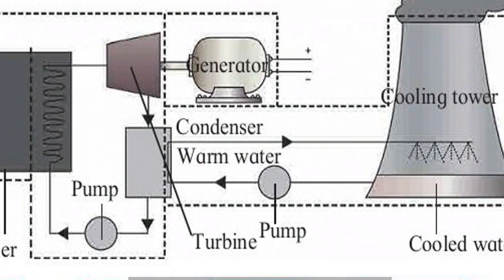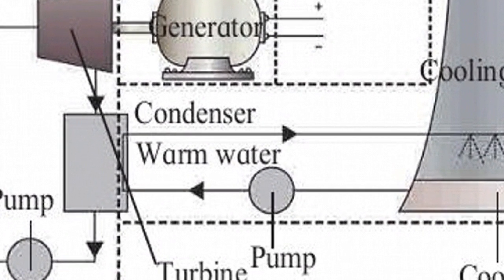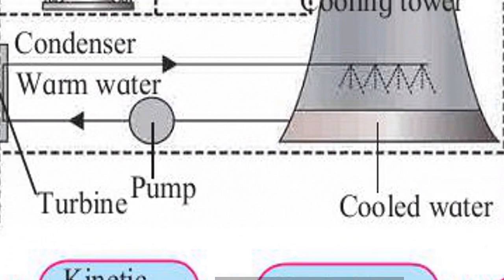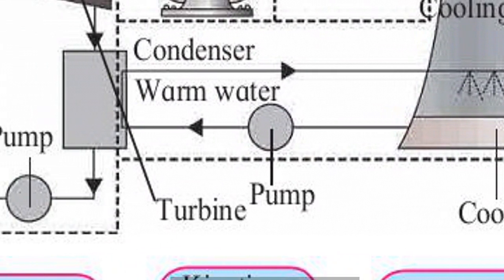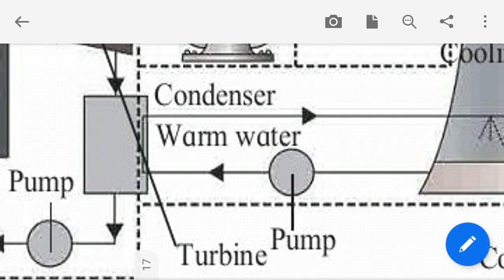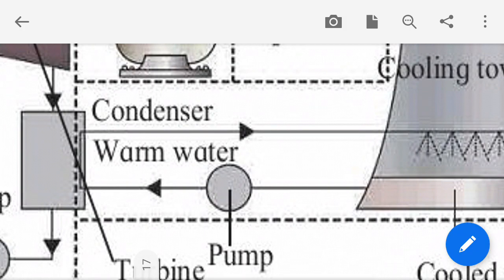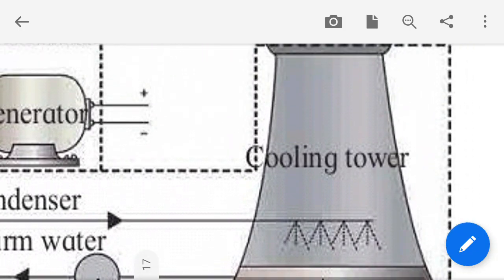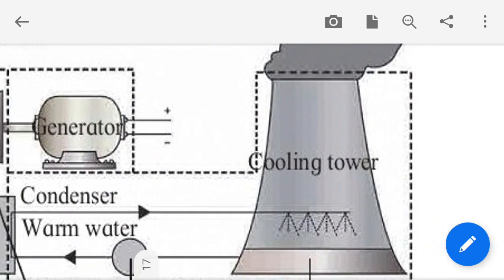In the condenser, the steam is cooled, and for that purpose it requires cooling water. Cooled water is coming through this pump to the condenser. It absorbs heat from the steam and becomes warm water, going to the cooling tower, and in this cooling tower the warm water is cooled.